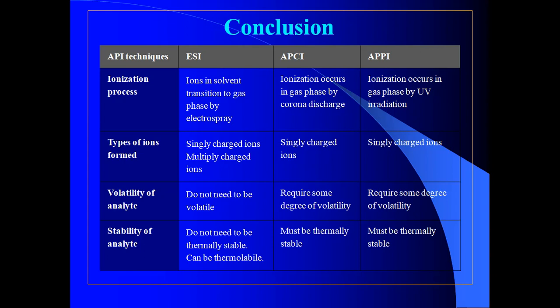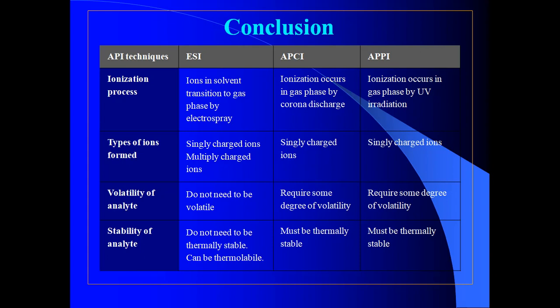In APCI, the ionization occurs in the gas phase by corona discharge, and in APPI, the ionization occurs in the gas phase by vacuum ultraviolet irradiation. What type of ions are formed in ESI? Singly charged or maybe multiply charged ions form, but in APCI and APPI, singly charged ions are formed.